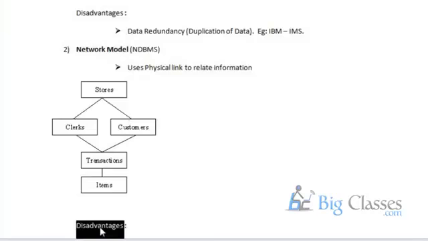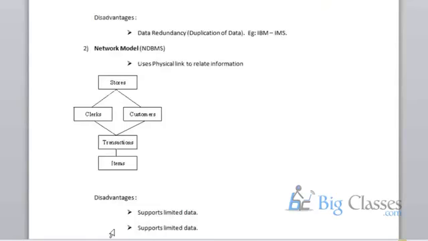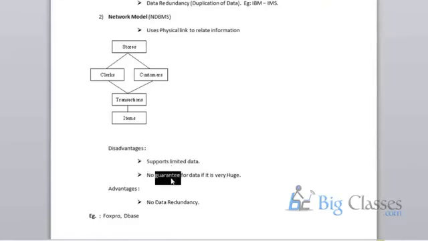There are some disadvantages with this model also. That is, it supports limited data and no guarantee for data. It is very huge. The advantage is that duplication is reduced. Examples, Fox Pro and DBase are examples of this network model, and they are examples of database management system, DBMS. These are the older technologies.